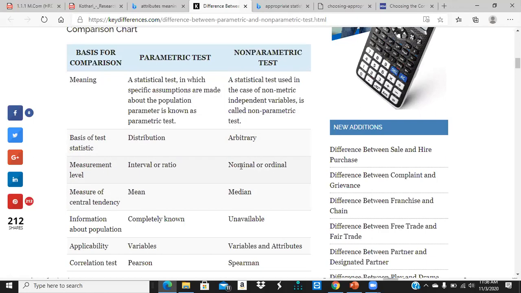But nominal and ordinal: nominal, as I said, is just for namesake, you are giving numbers, male and female. In ordinal data, you are assigning values in order, first order, second order, third order, or first rank, second rank, third rank. So when your data is in the form of interval or ratio, you have to go for a parametric test. And if your data is in the form of nominal and ordinal type, then you can go for a non-parametric test.